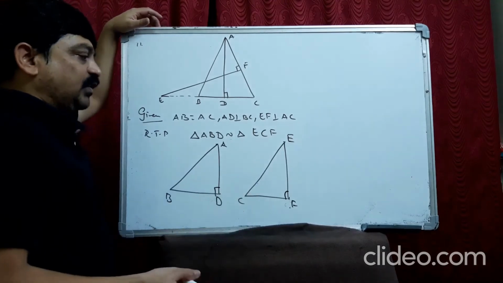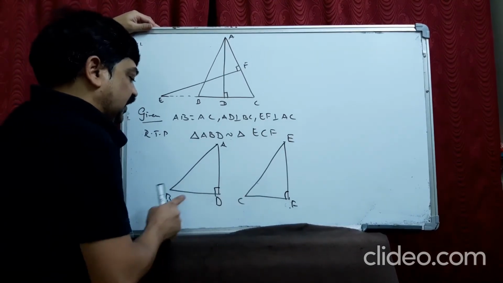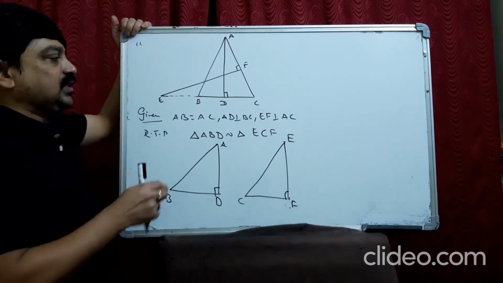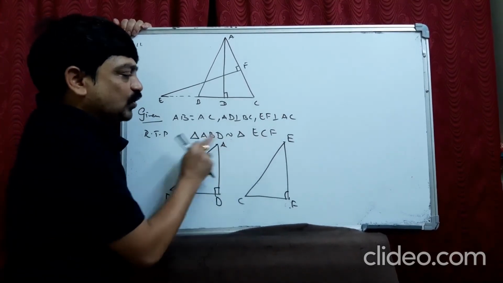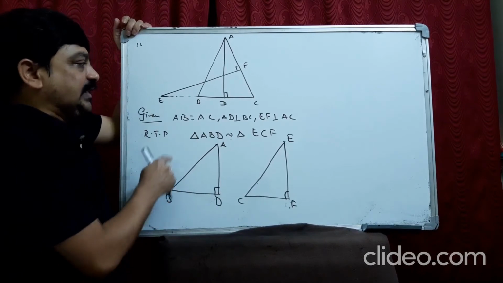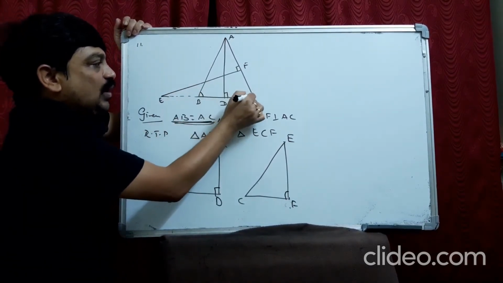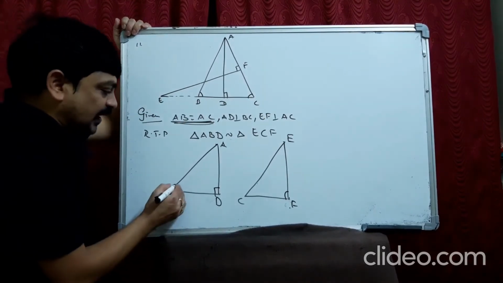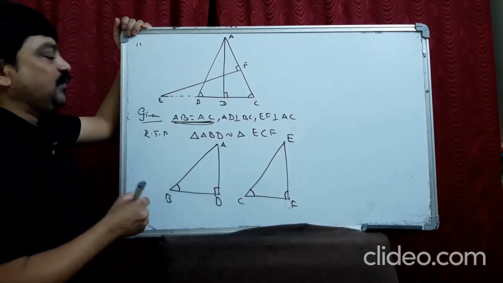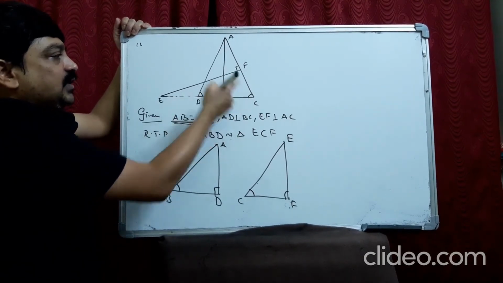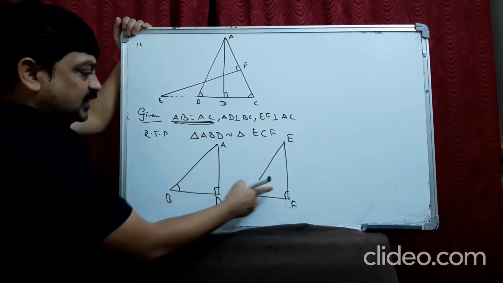Now you can have a doubt: why did you take C here, B here, sir? I'll tell you. See, when you take both the triangles, no vertex is common in both of them. Still, since AB is equal to AC and it is an isosceles triangle, these two angles are same. So angle B should be equal to angle C. If you compare both the triangles, you will have this in the first triangle and you will have this in the second triangle. And one more is 90 degrees.